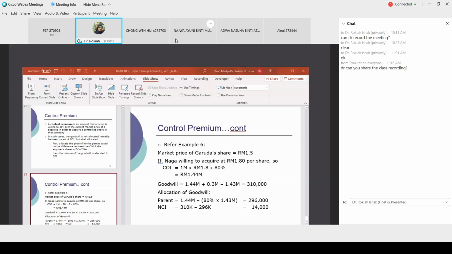Please make sure that you understand the first part of your notes, the issue on consolidations regarding the parents.